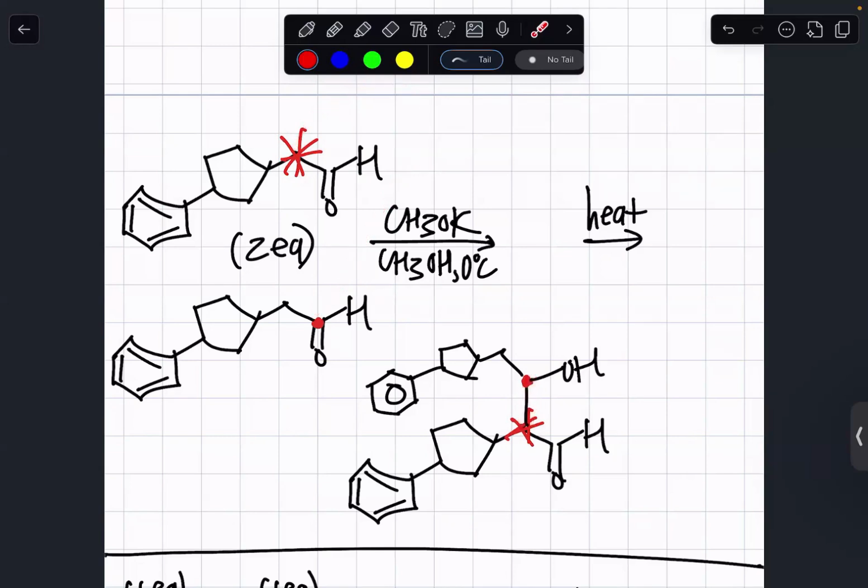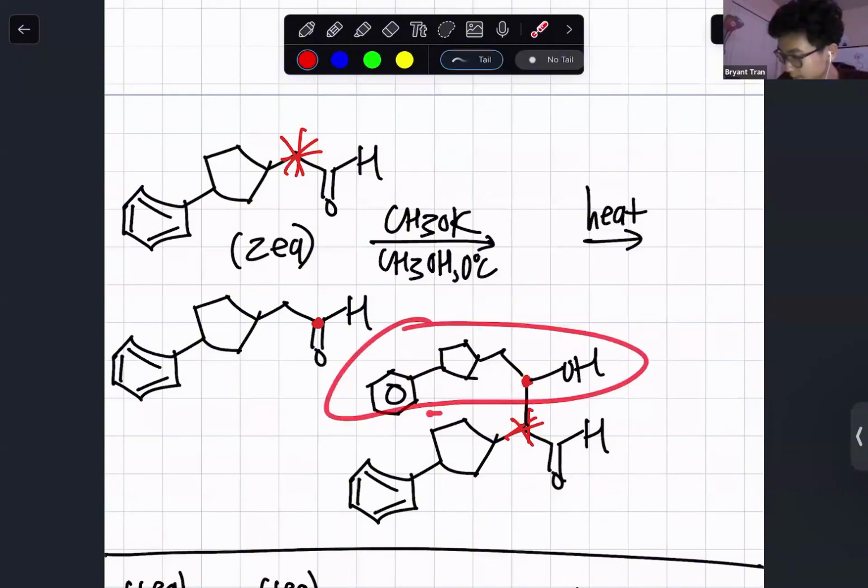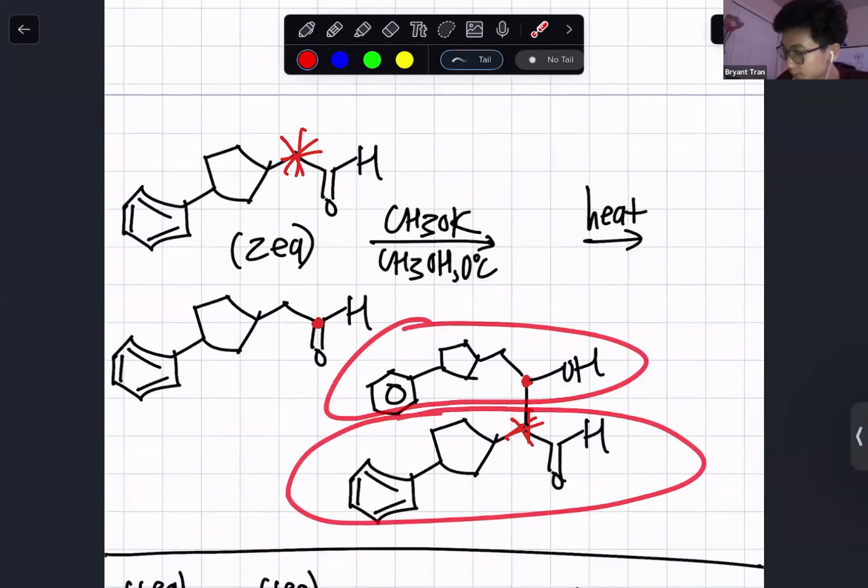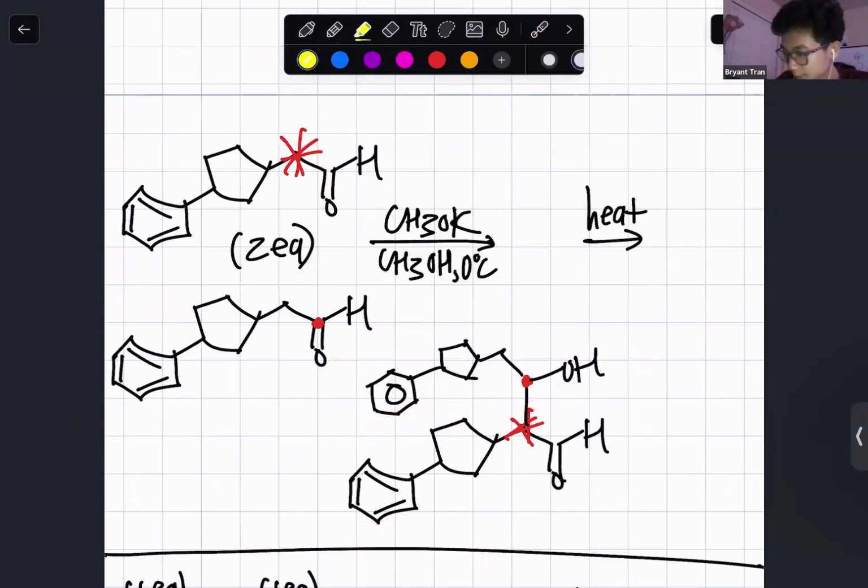Okay, I think this is where I'm getting confused. The carbonyl carbon, the one with the rest of the molecule attached to it, is that the star or the dot? The bottom part is the star molecule. This yellow highlighted part, the starred molecule, is this whole yellow molecule here.